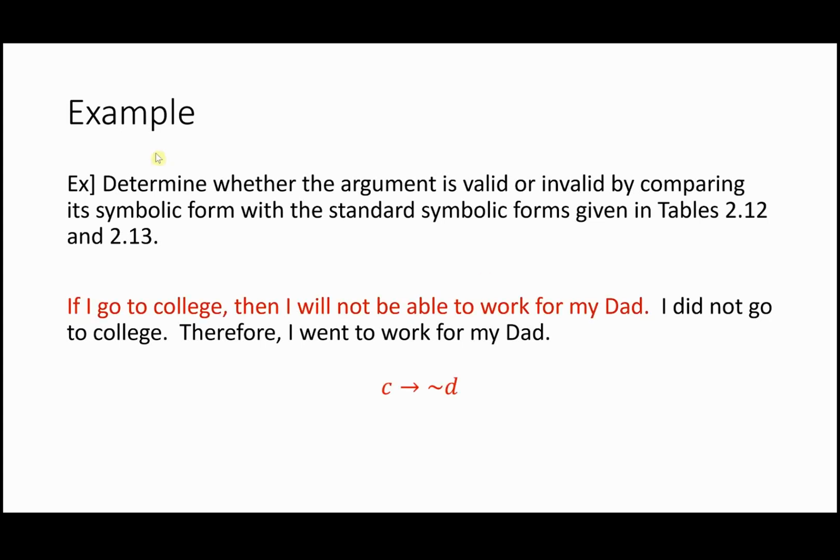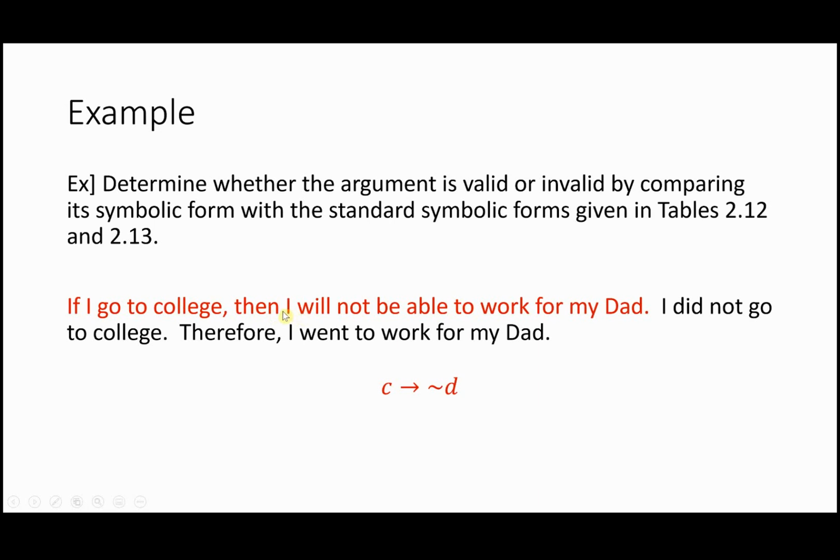So let's focus on this first premise, aka the first sentence, first statement. If I go to college, then I will not be able to work for my dad. So I've decided to say that I go to college is represented by the letter C. That's going to be the statement component for the antecedent.